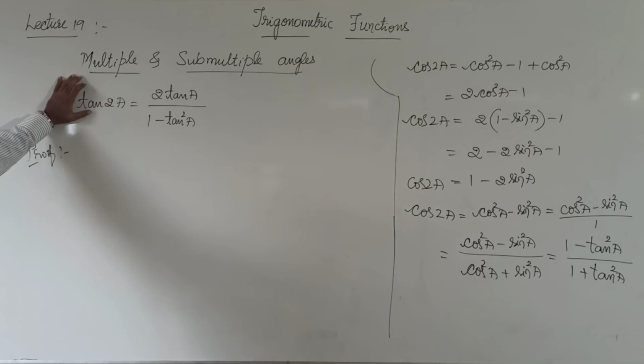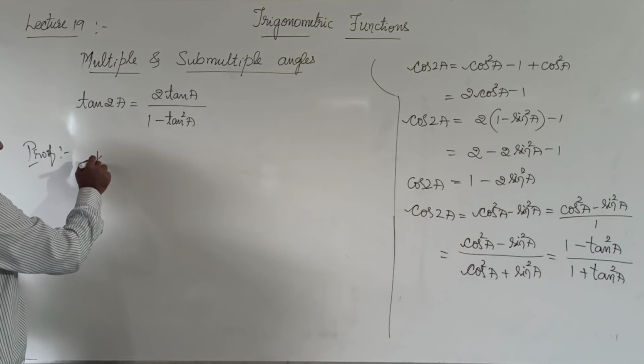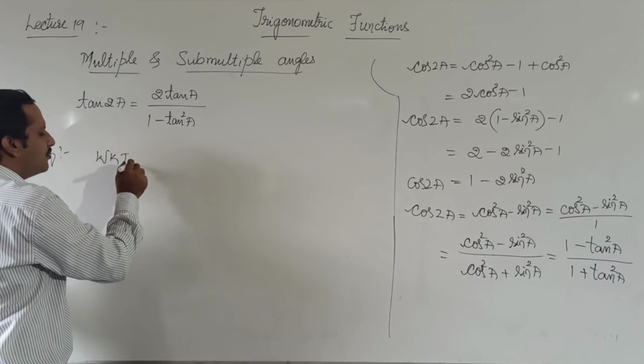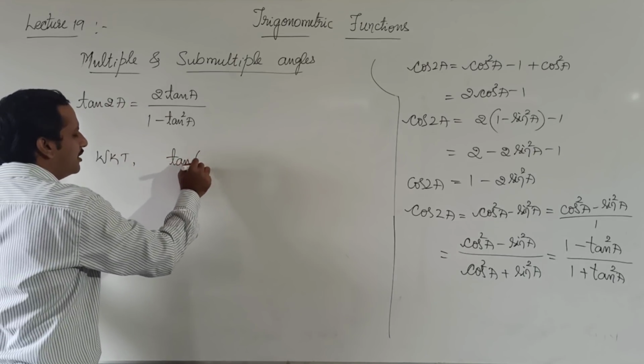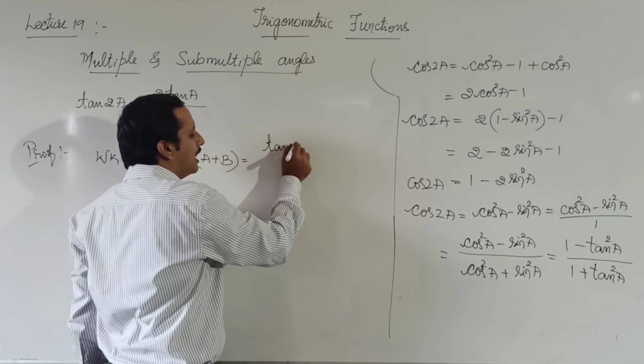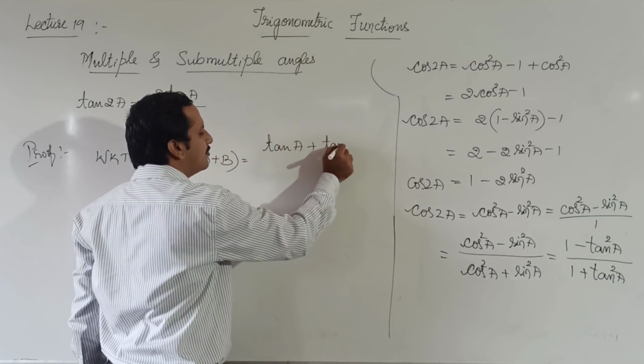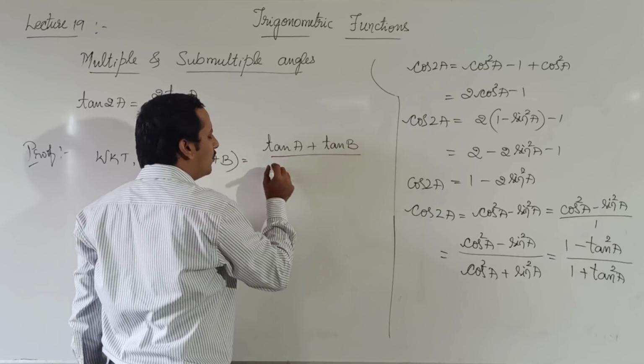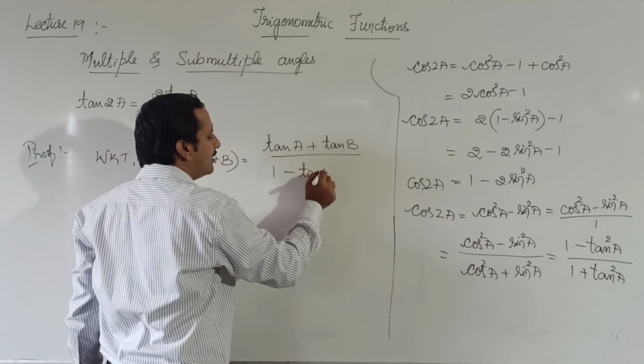Tan 2a equal to 2 tan a by 1 minus tan square a. Proof. We know this formula. Which formula? Tan a plus b is equal to tan a plus tan b divided by 1 minus tan a tan b.